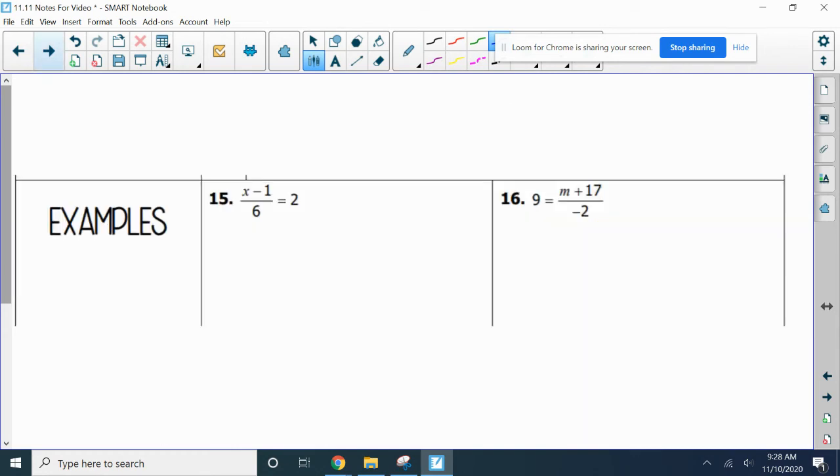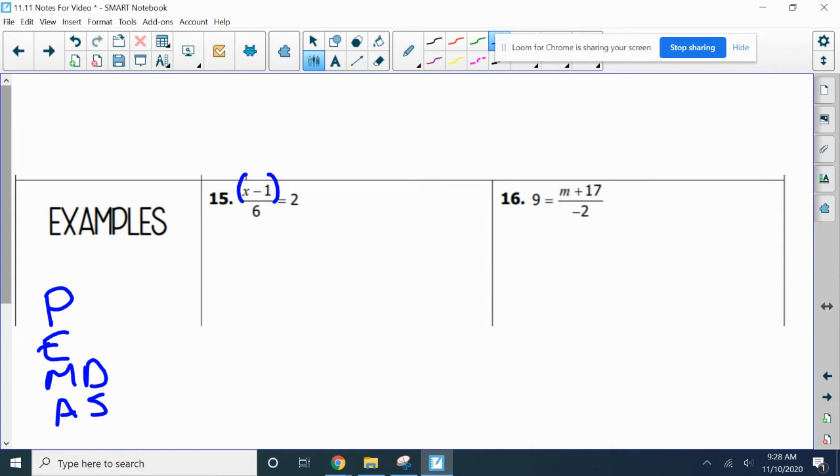So let's see how that works. Again, this division bar treats that whole first half as a group. It's grouped the top half from the bottom half. So before I can work my parentheses, I have no addition or subtraction outside of my parentheses, so I'm going to get rid of my multiplication division.